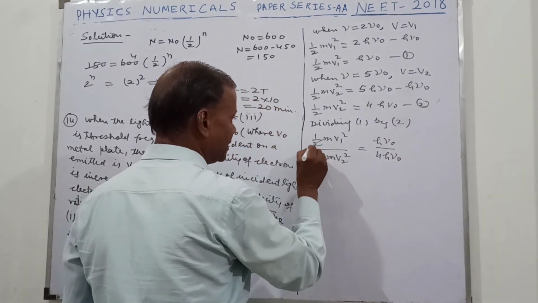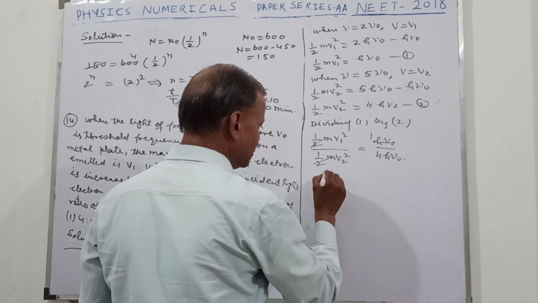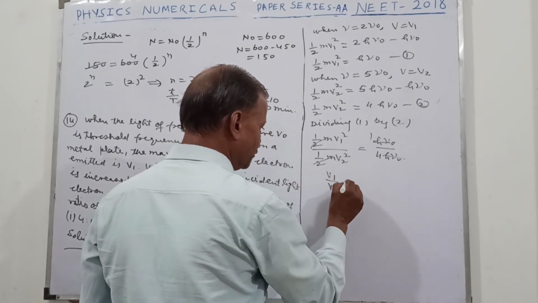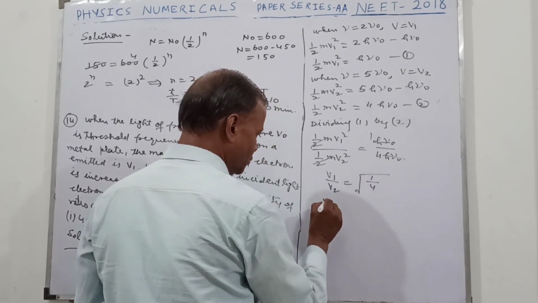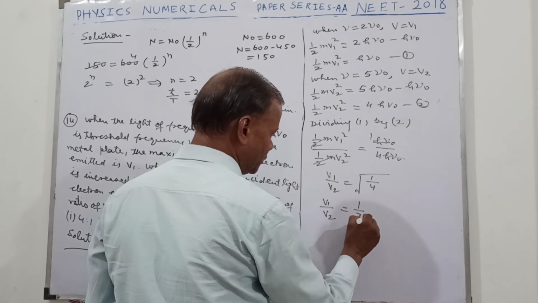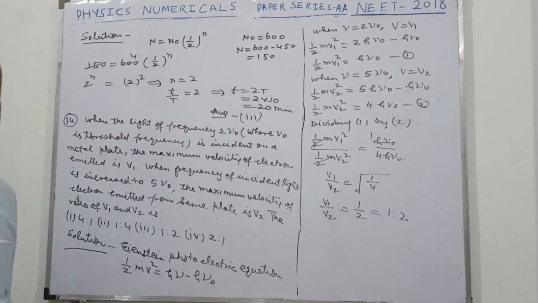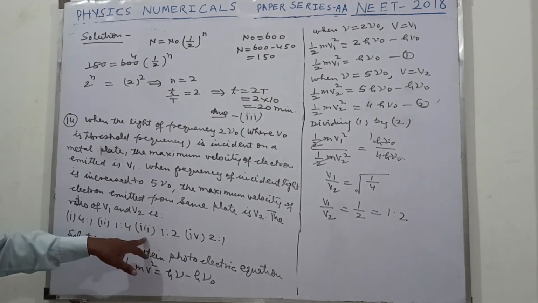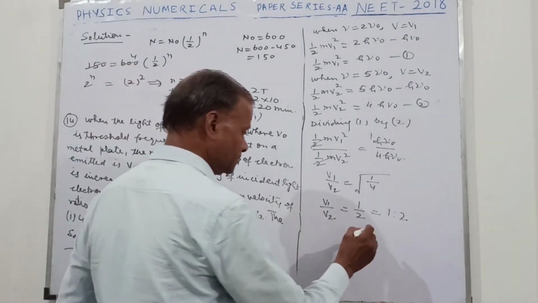So half m will cancel, hν₀ will cancel, here is 1 by 4. So v1 upon v2 is square root of 1 by 4. So v1 upon v2 is equal to 1 by 2, or this is 1:2. 1:2 is the third one. So here our option is third.